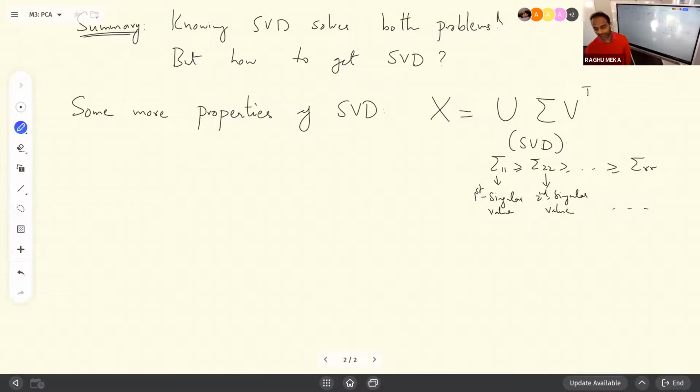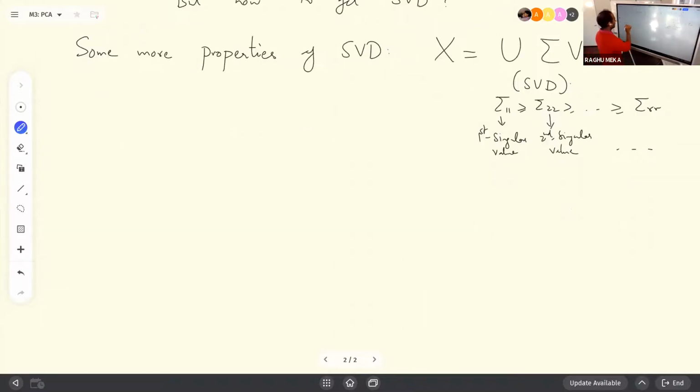Okay? So the first thing is, I can also write down X as this U sigma V transpose. So remember we had, okay, let me try it one last time.